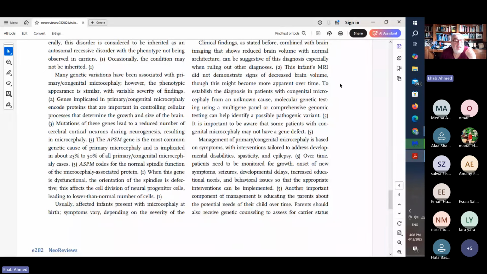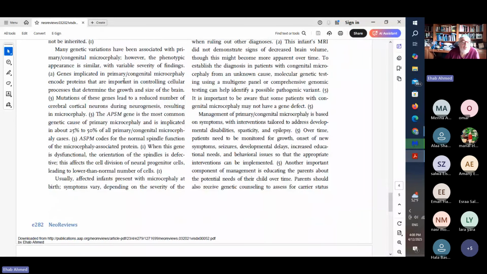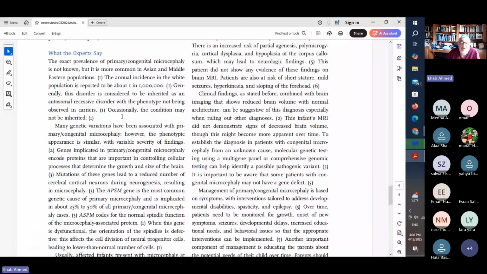Many genetic variations have been associated with primary microcephaly. However, the phenotypic appearance is similar with variable severity of findings. So yes, the findings are very variable and might be severe, might be less severe, or even not at all. And he's going to talk about what the genes are.